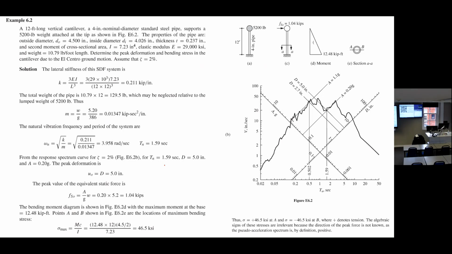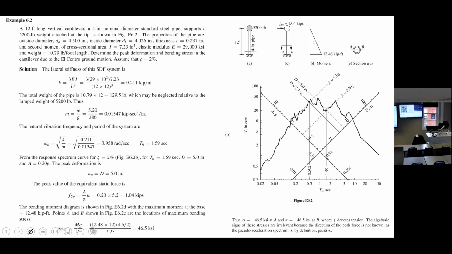A 12 feet long vertical cantilever, this one, 12 feet. 4-inch nominal diameter standard steel pipe. This is the section presented here. It's a hollow section, a steel circular tube. Inside and 4.026 inch outside, so the thickness is 0.237.